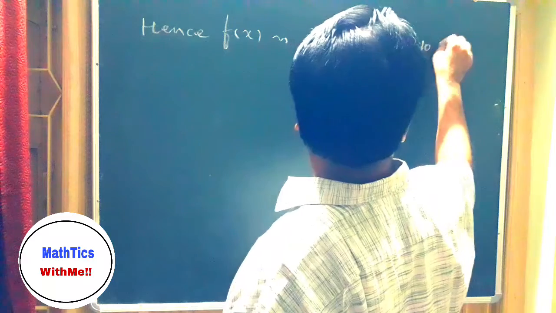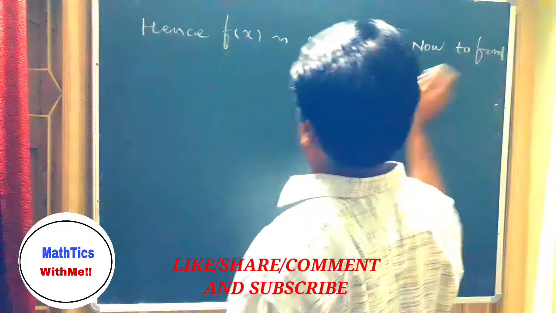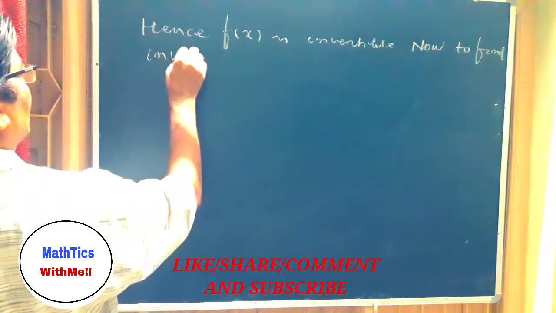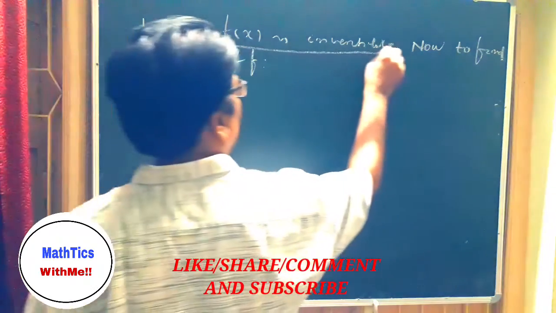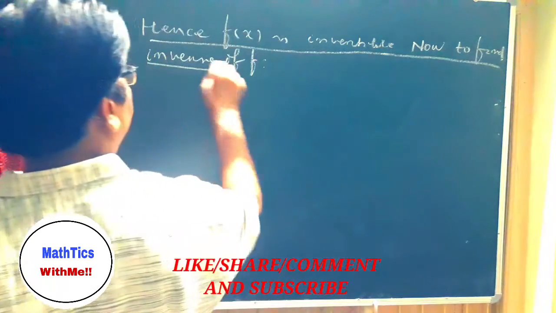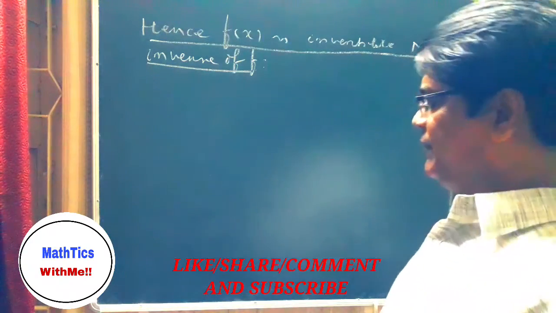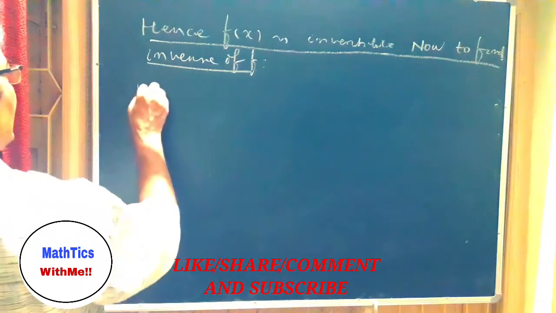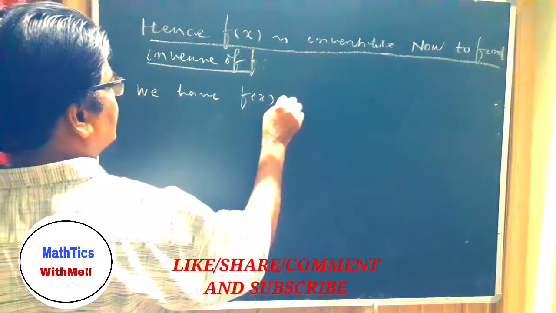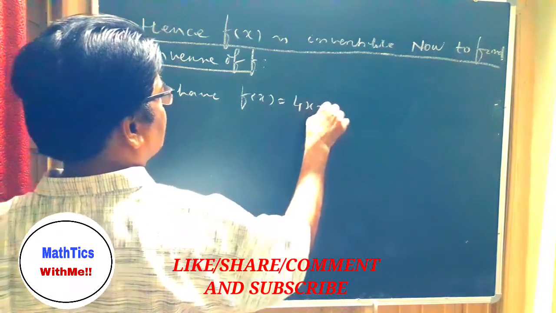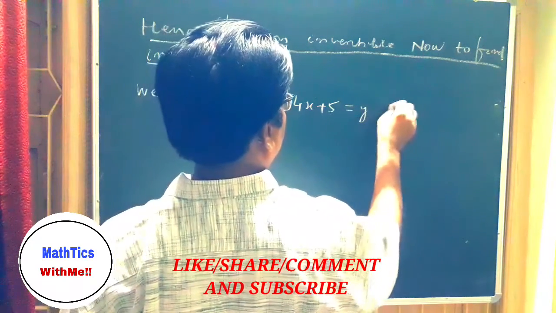Now to find the inverse of f. So to find the inverse of f, we have f(x) = 4x + 5 equal to y.